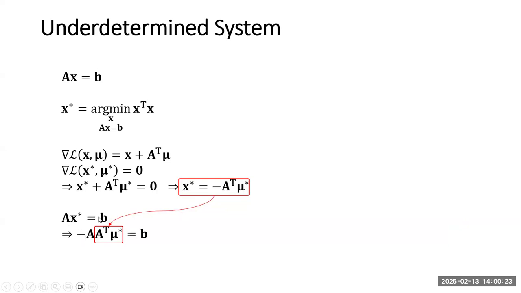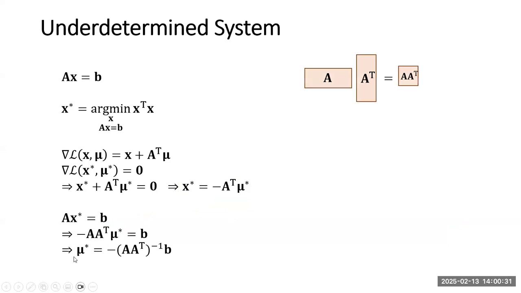So replace x star with negative A transpose mu star. We get negative A times A transpose mu star equals b, or mu star equals negative (A A transpose) inverse b. So we found mu star, but we need x star actually, right?